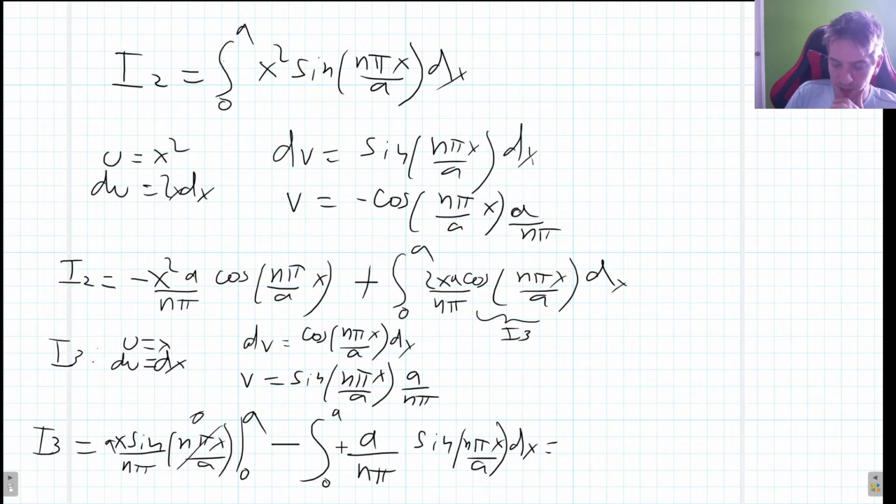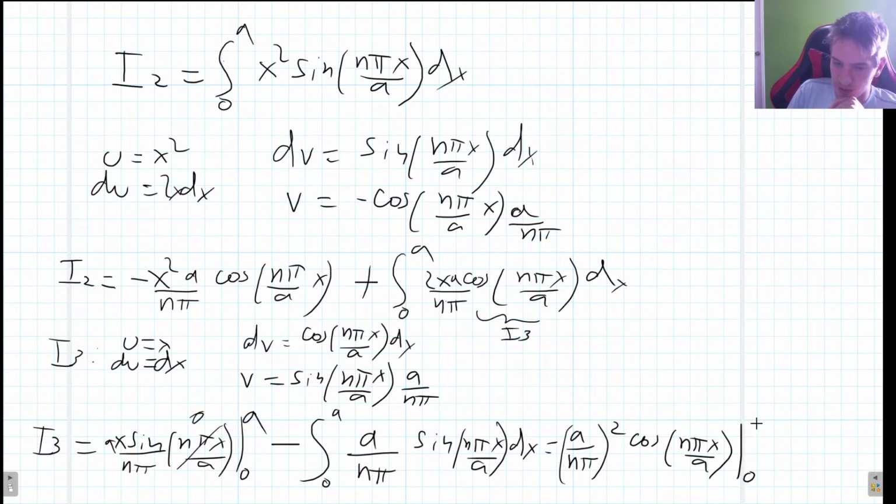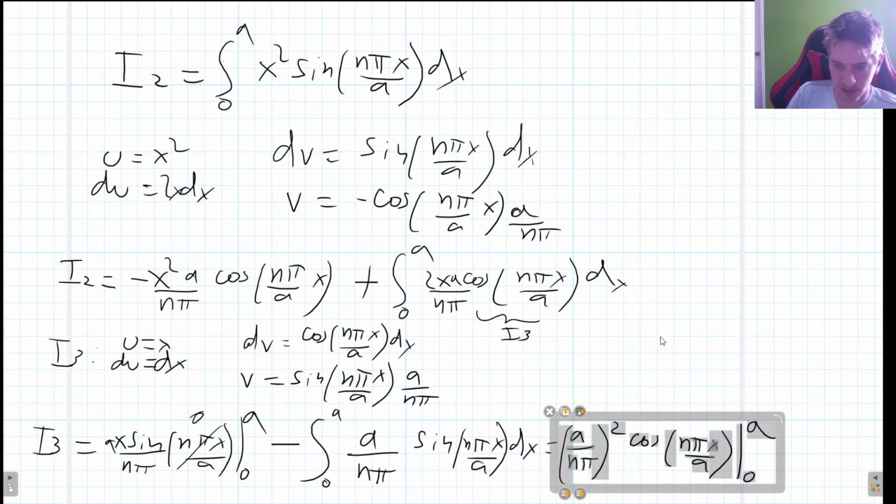So when we do this integration, the integral of sine is minus cosine, so this minus is just going to be a plus now, and we're going to get another one of these, a divided by n pi, so we get a divided by n pi squared times cosine of n pi x divided by a, evaluated between 0 and a. Okay, so now we have to simplify this a little bit, so let's take it to the next page.